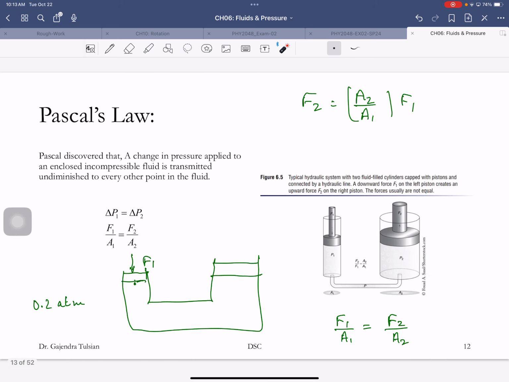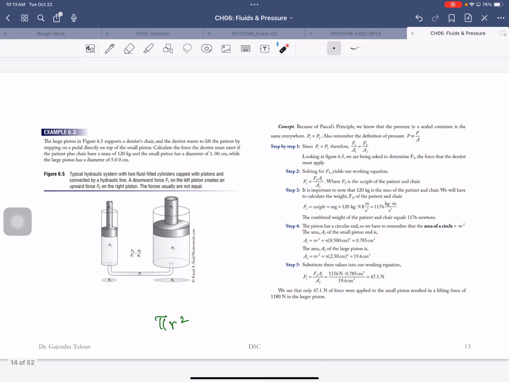So going back, if the input force is 1 pound, the output force is 25 pounds. You're getting a multiplication factor of 25. Okay? That's what's happening in the dentist chair. Did you guys understand that? Okay. So that's the calculation.